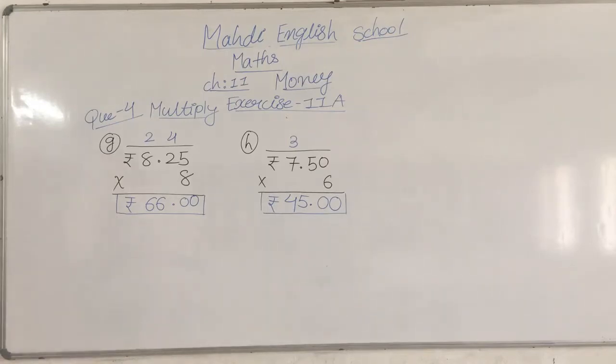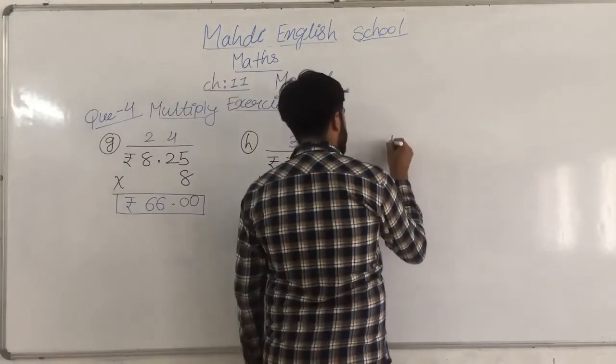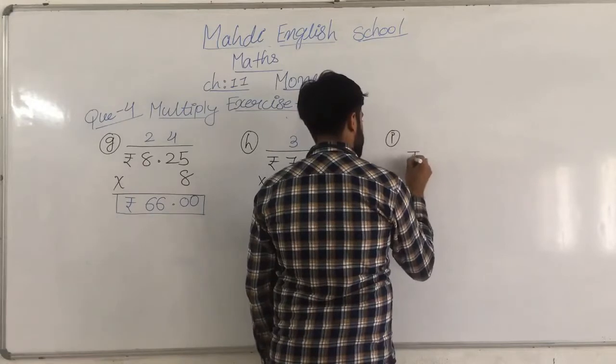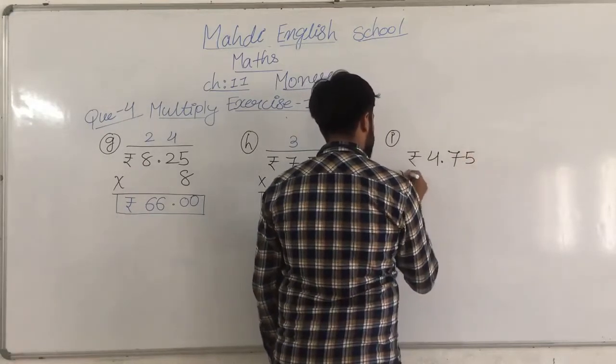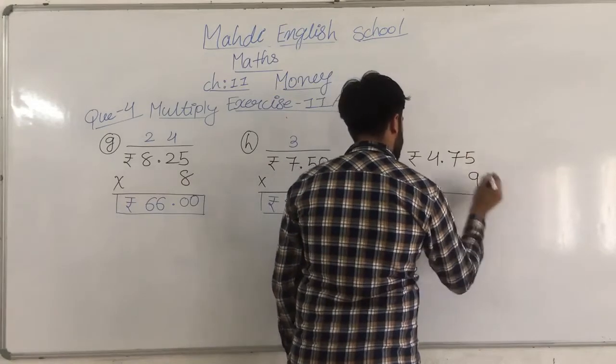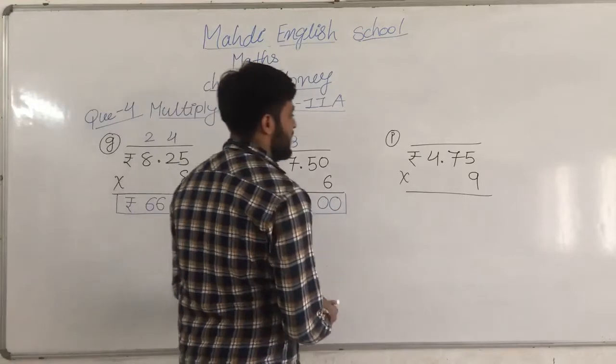And then we are going to start the last question, question number I. 4.75 multiplied by 9. My points, all my dear students, multiply by 9.